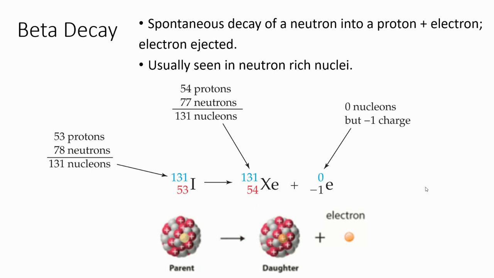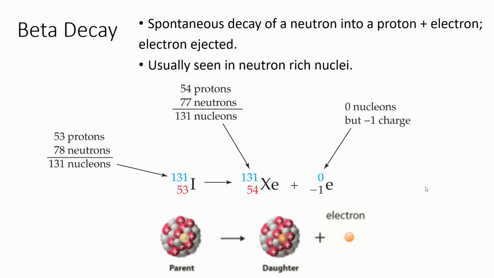This time we are still seeing nuclei change from one type of element into another, but doing so in kind of a bizarre way. For beta decay, what we're looking for are what we call neutron-rich nuclei.